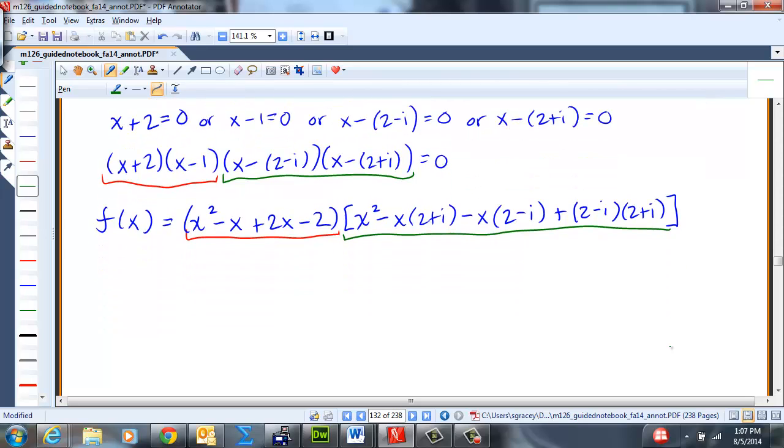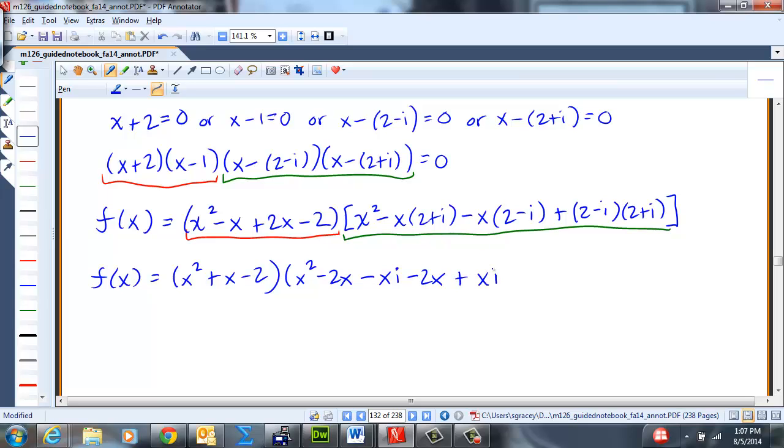And then we just continue to simplify. So f of x will be equal to x squared plus x minus 2 times x squared minus 2x minus xi minus 2x plus xi. And then the second one is a difference of squares, so we'll have plus 4 minus i squared.